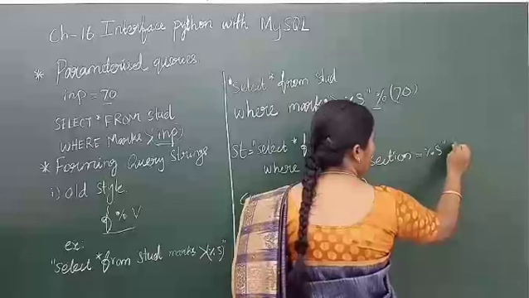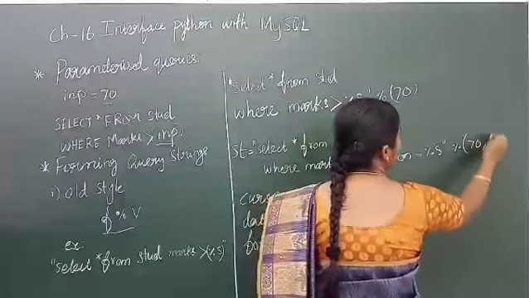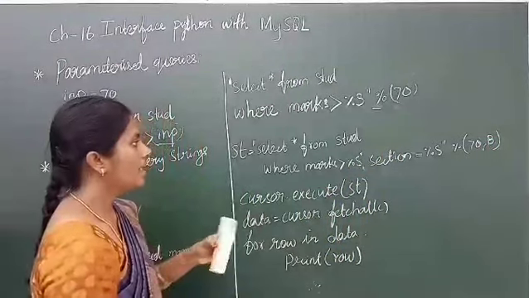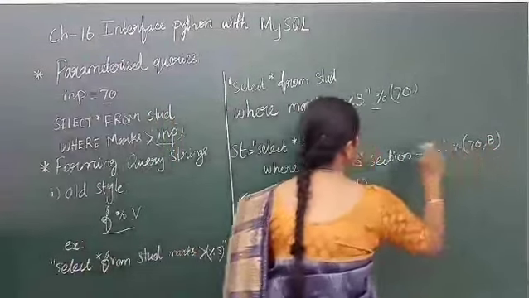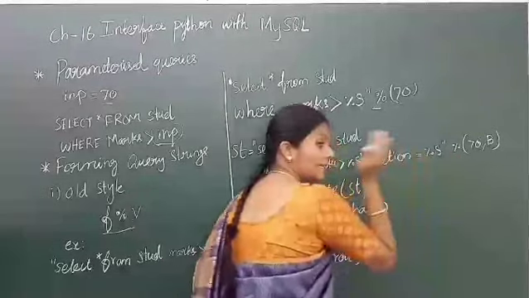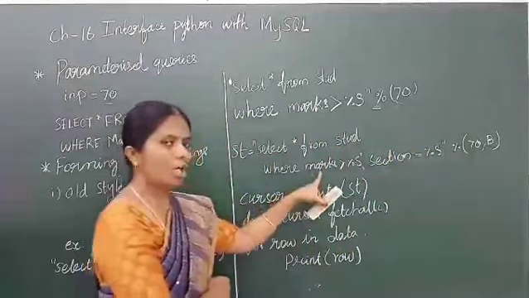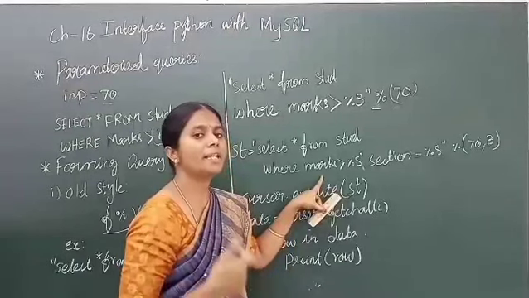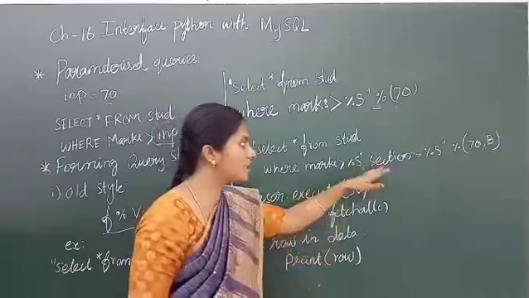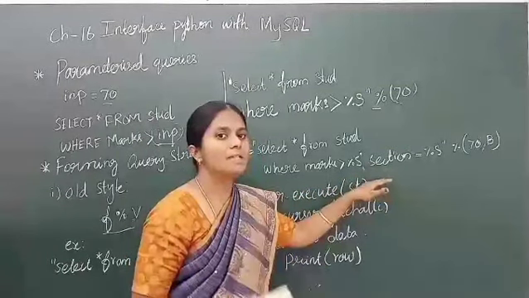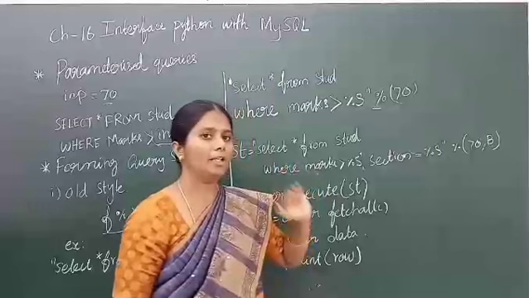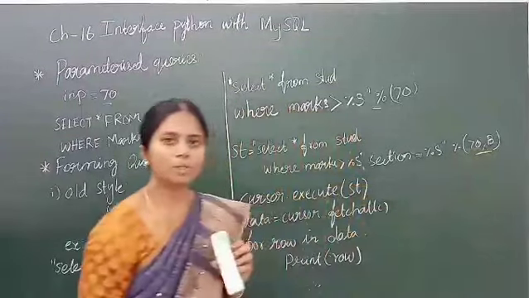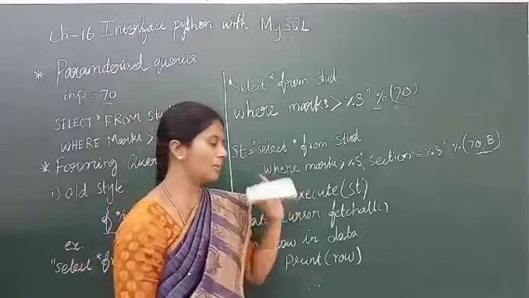Then modulus, and the tuple 70 comma B. So it will check the values: in the marks column it will check for marks greater than 70, and in the section column it will check that the section is equal to B. This is called multiple values in a tuple.